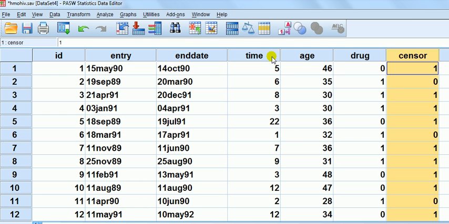We need this column to create our survivor object. And that, in regression, is a bit like our dependent variable. And then what we're going to consider as an explanatory variable, something that we think is linked to the survival time, is this variable drug, which stands for whether the person had prior IV drug use. It's coded 1 to say yes, the person had prior IV drug use, and 0 if no history of drug use.